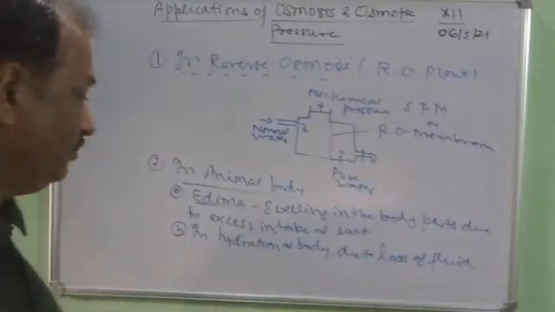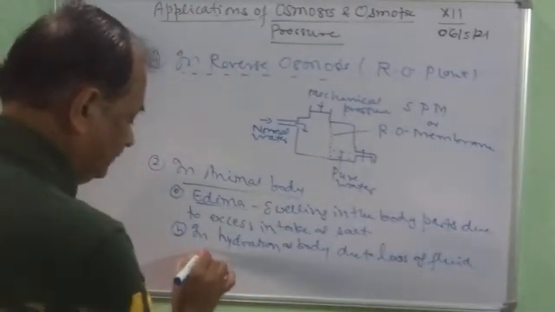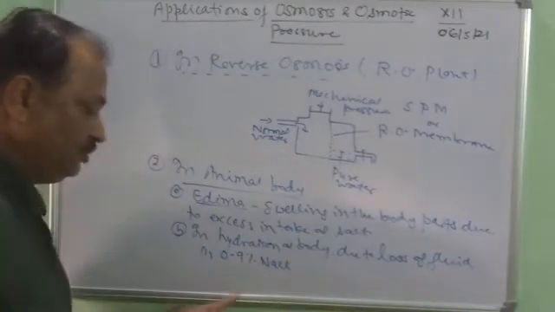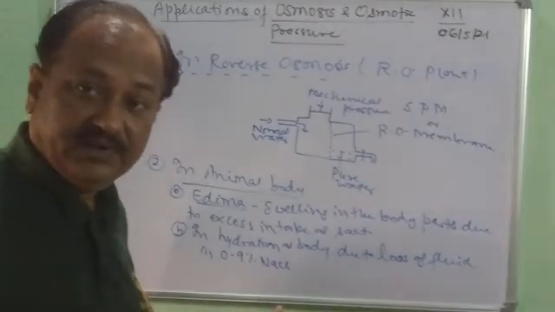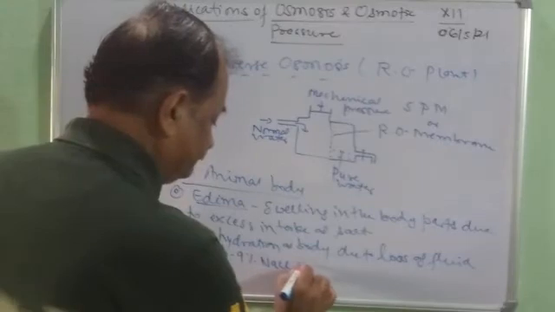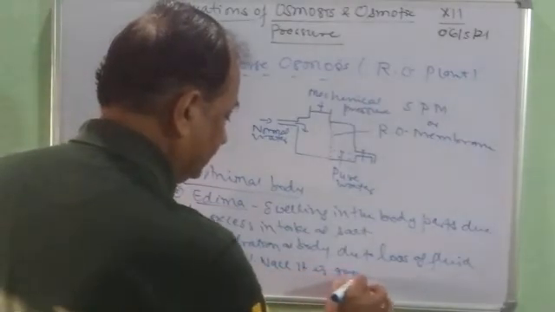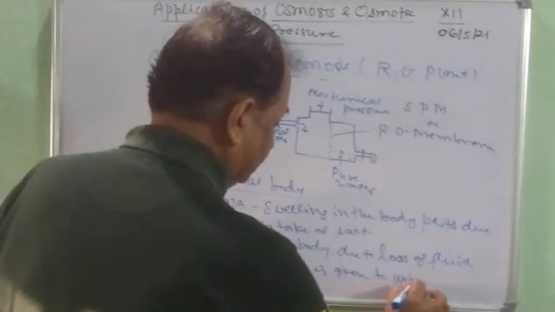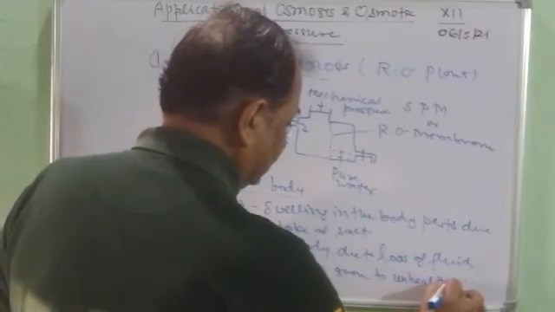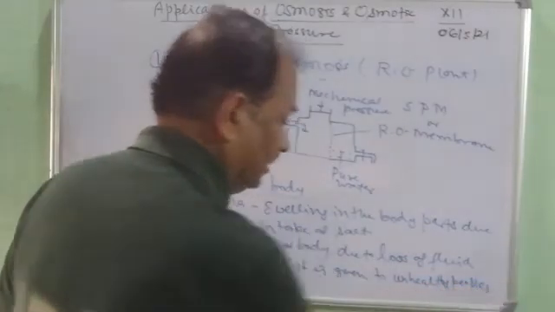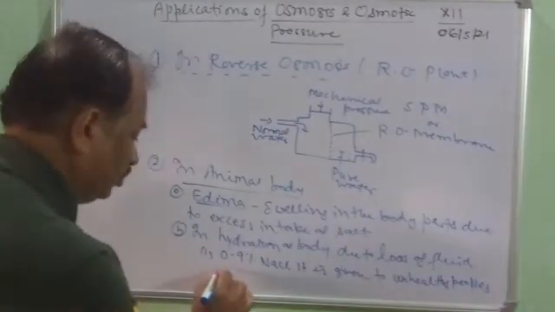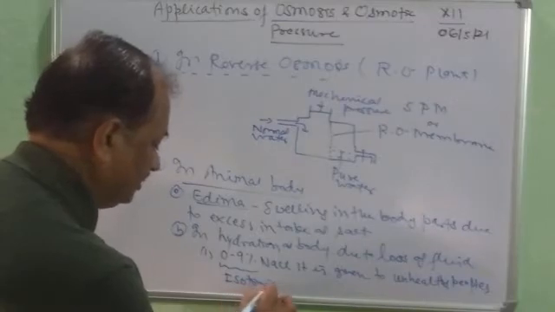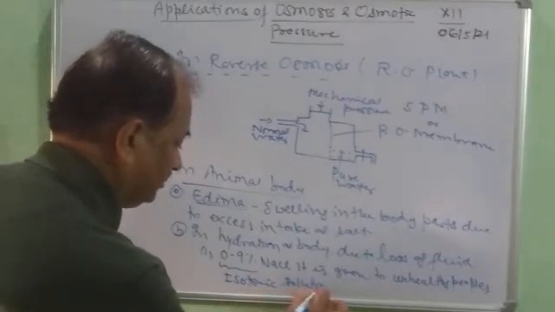Our body requires 0.9% NaCl, and it is given to unhealthy people. And this 0.9% NaCl is called an isotonic solution.